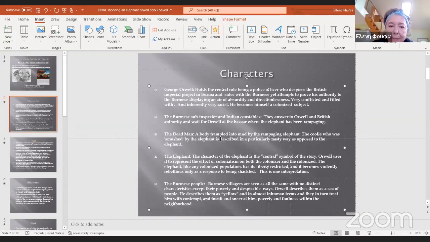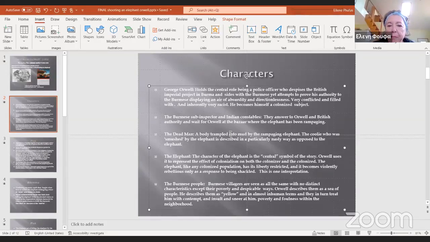The dead man, we have the body that is trampled into the mud by the rampaging elephant. We also have the coolie who was smashed by the elephant and described in a very nasty way, as opposed to the elephant.